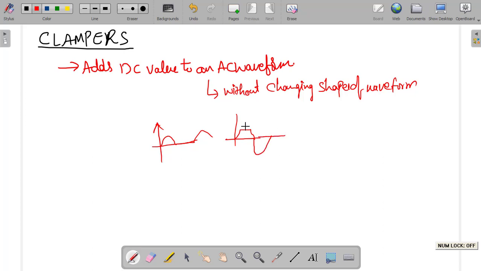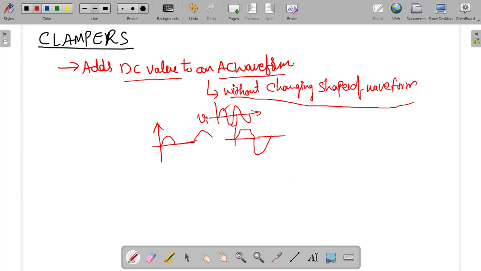Your input was pure sinusoidal, and this waveform has been clipped on either the positive side or the negative side using clippers. But in clampers, the shape will not change. The most important thing about the clamper is that the shape of the waveform will not change. It will just add a DC value to an AC waveform.